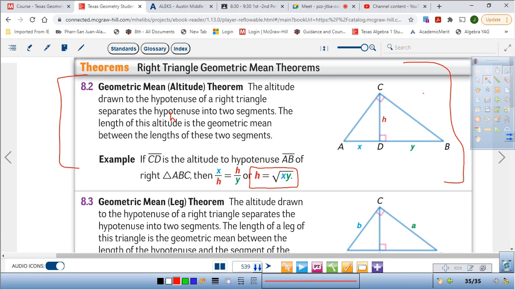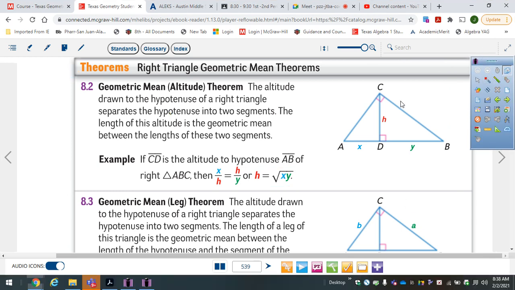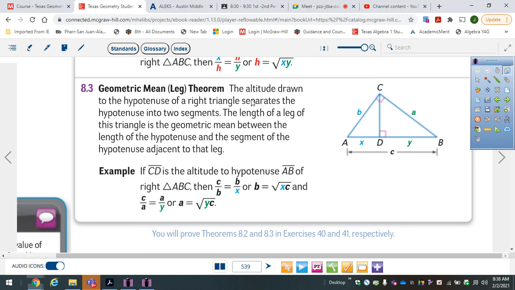Okay, the next part. The altitude drawn to the hypotenuse of a right triangle separates the hypotenuse into two segments. The length of the leg of this triangle is a geometric mean between the length of the hypotenuse and the segment of the hypotenuse adjacent to the leg.